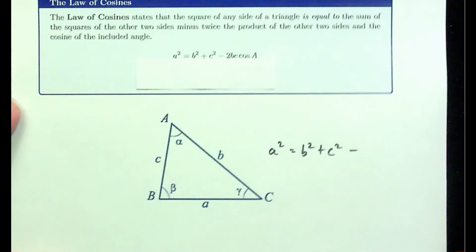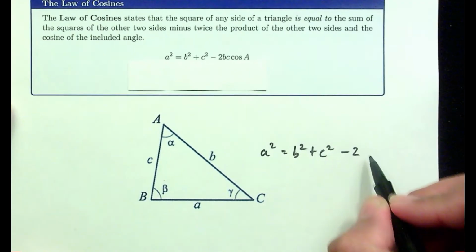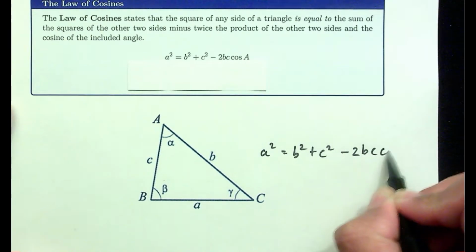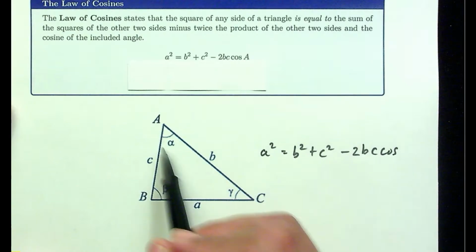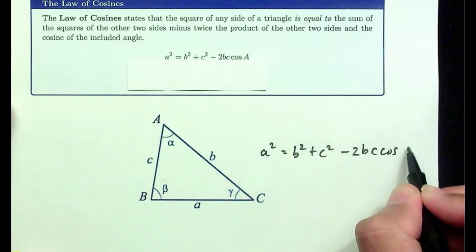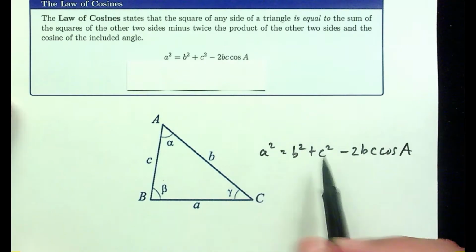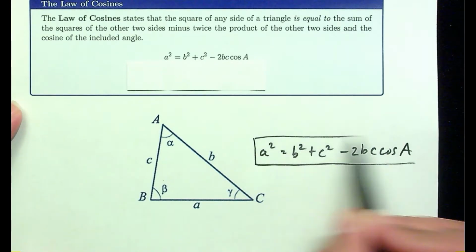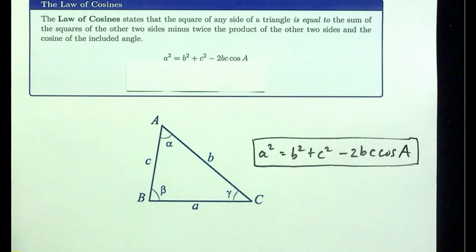The theorem says that you can fix this by subtracting 2 times the product of these two sides, b and c, times the cosine of the angle between b and c, which is capital A. This fixes it, and that is the correct version of the "Pythagorean theorem" that holds for this triangle, and it's known as the law of cosines.